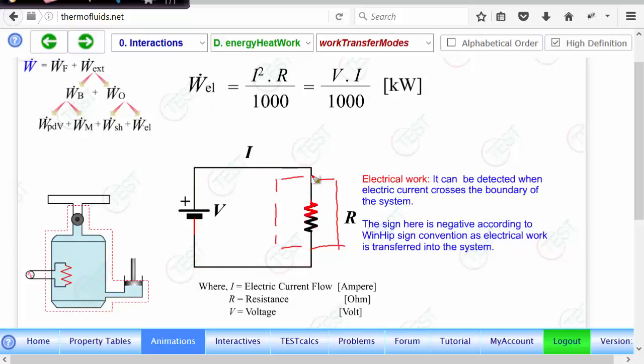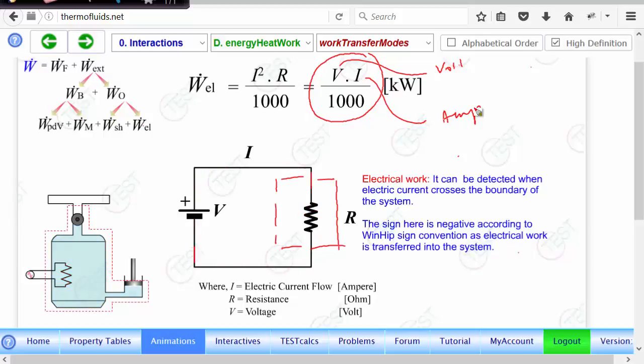If you find the force, it's at a rate, so force times velocity. If you take the electron's charge, find exactly what force is pushing it, and multiply it by velocity, that's what ends up in the formula: voltage times current is the power, or the rate of electrical work. Of course, I have to divide by 1000 to get kilowatts. So V is in volts and I is in amps. Then you get the electrical work transfer power.